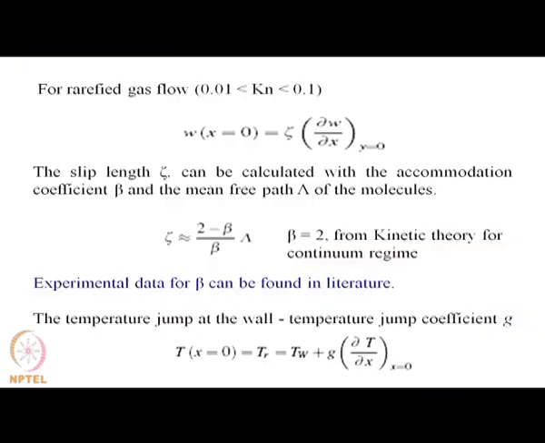Similar to the concept of slip length in fluid flow, there would be a temperature jump at the wall, and that is governed by the wall temperature jump coefficient, denoted by G. The temperature at x equal to 0, that is the temperature at the interface, which we call Tr, is not going to be equal to Tw.